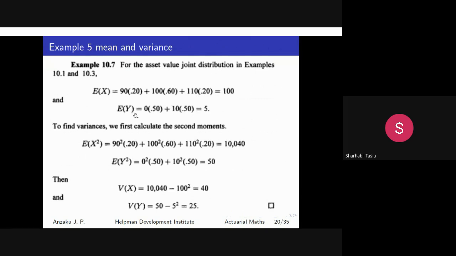And the same thing when we look at the mean of Y gives us 0 times 0.50 plus 10 times 0.50. This is 0 and this is 5; 10 multiplied by half gives us 5. Now, to find the variances, we first calculate the second moment.